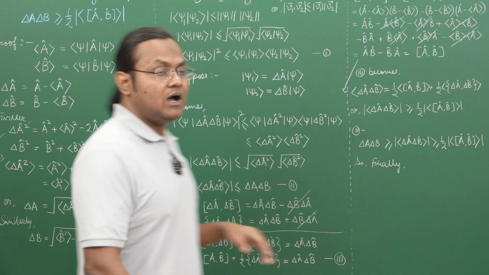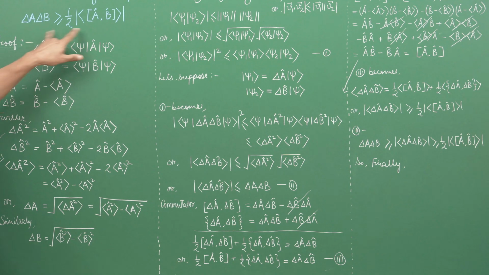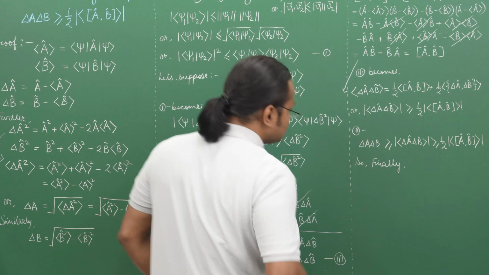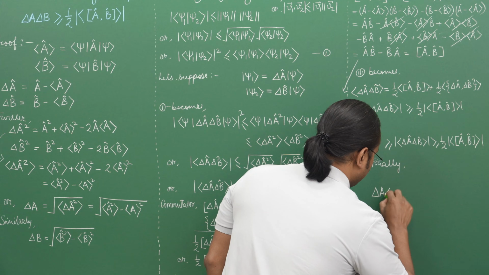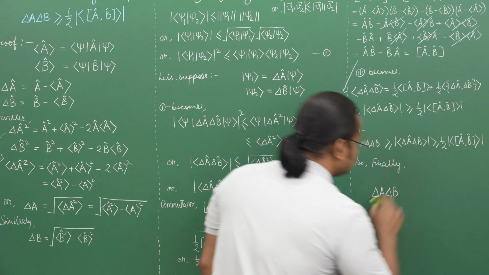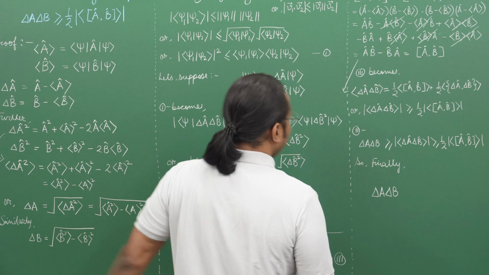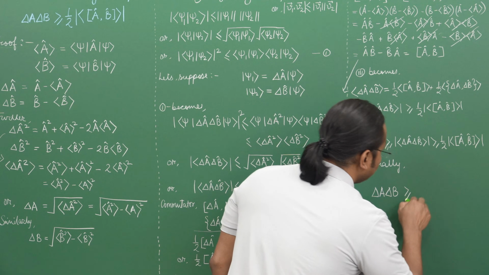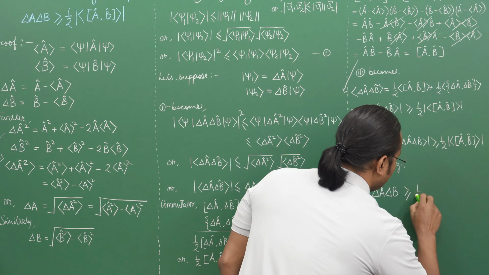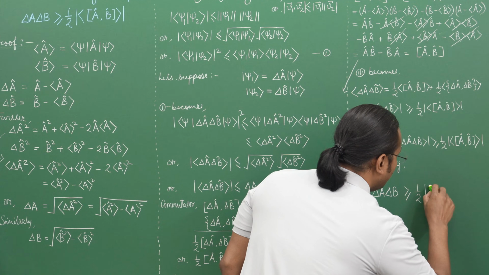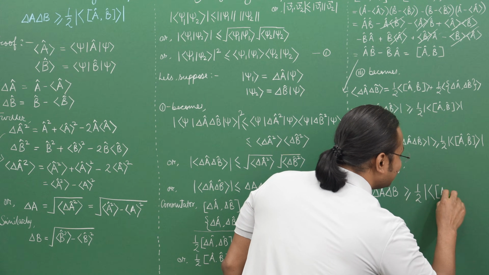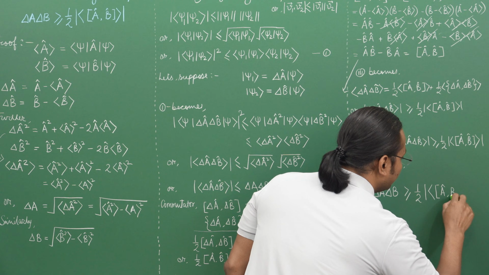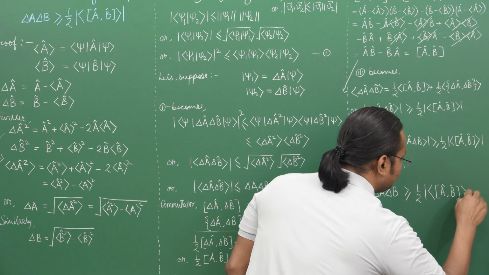But because we are trying to figure out this more common relationship that we see when it comes to generalized uncertainty principle, I'm just going to write this common relationship that del A del B, which are the uncertainties associated with the physical quantities A and B, is always greater than equal to half of the mod of the expectation value of the commutator of A and B operators respectively.